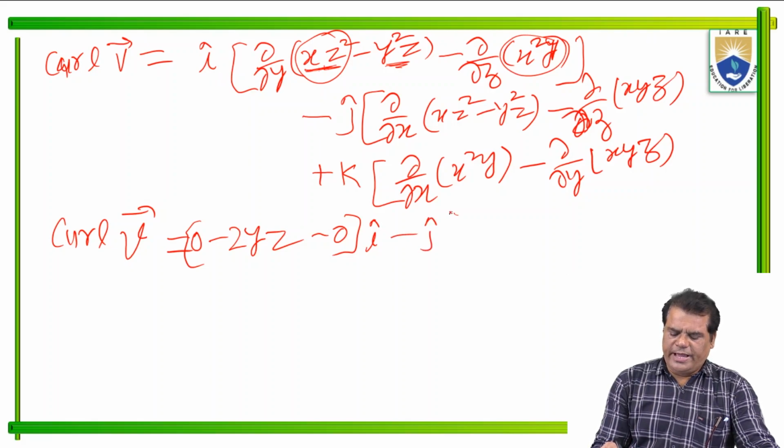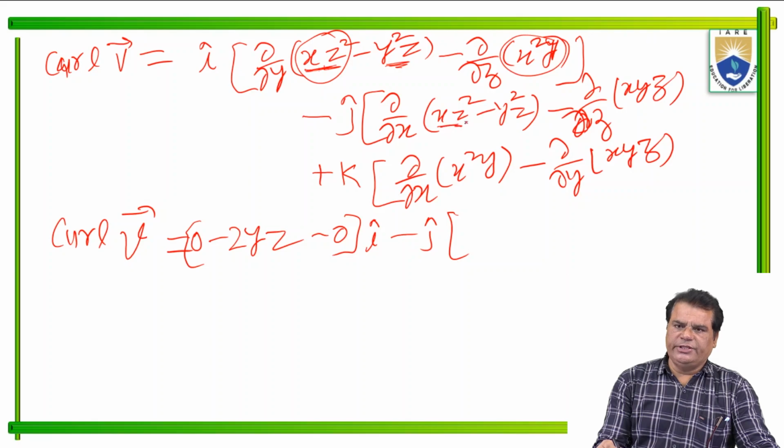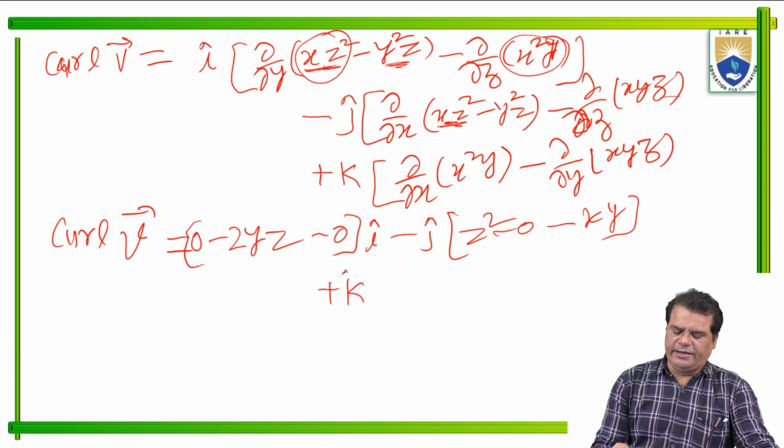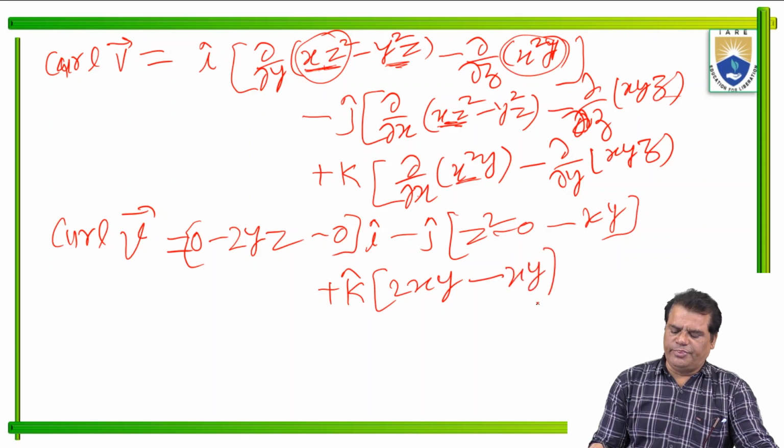Minus j. Next, here in this function is x, differentiation of x is 1, so here is z square, and here is no x, so here is 0. And minus ∂/∂z, so here is xy, differential of z with respect to z is 1, so here is xy. And plus k, differential with respect to x, here is x square, so 2xy minus, here is z, only xy.